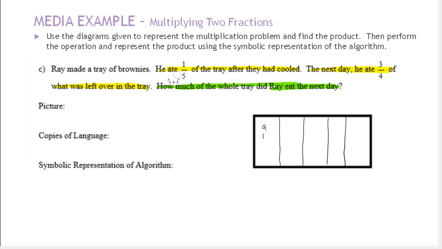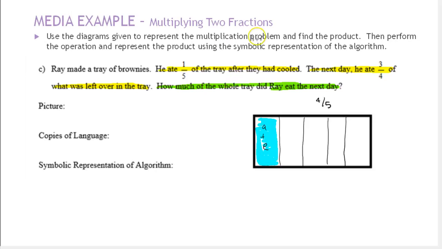So we'll say he ate this, and I am going to shade that blue. Now, since he ate 1/5, that means that 4/5 remains. So this is the 4/5 that remain.